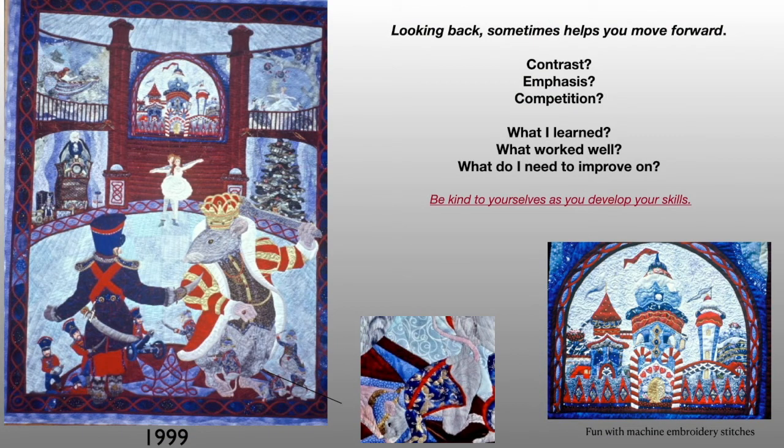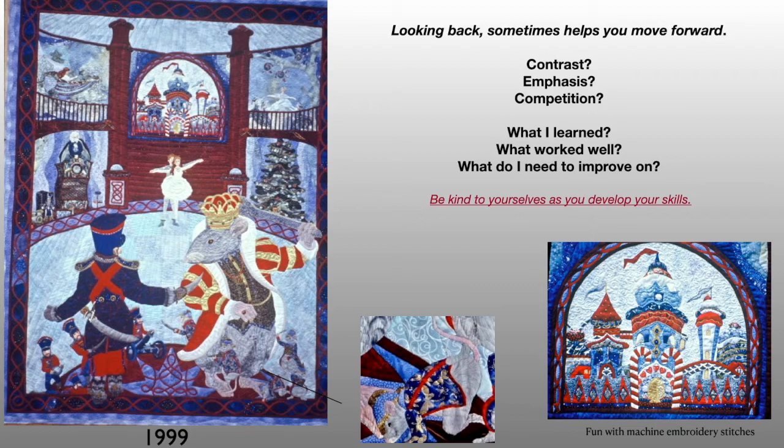Sometimes it's in looking back that you can look forward and evaluate what you have learned. In this quilt back from 1999, this Nutcracker quilt, which I was trying to capture the entire Nutcracker play in one whole quilt, when I look back at it now, I realize that if you look at the bottom right corner, there's all these little mice that are helping the Mouse King and fighting with him.